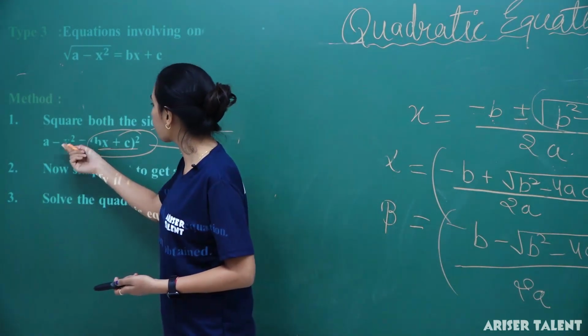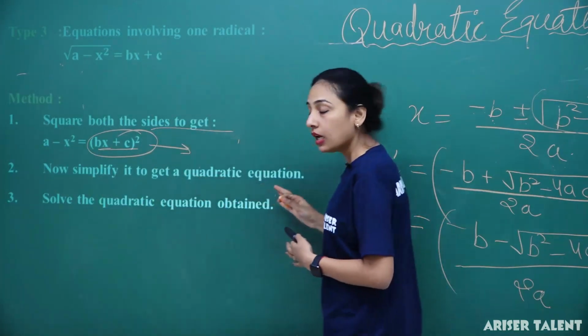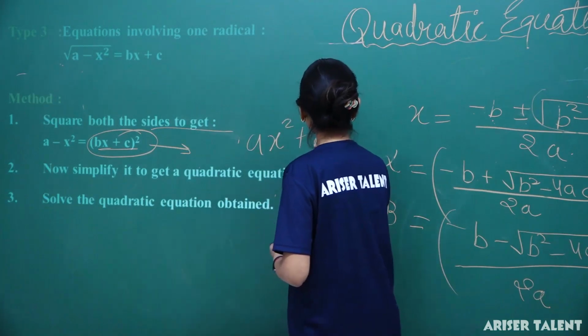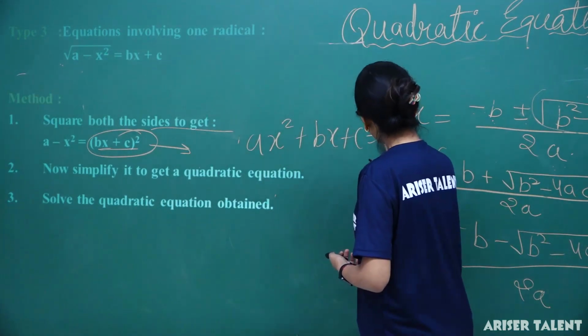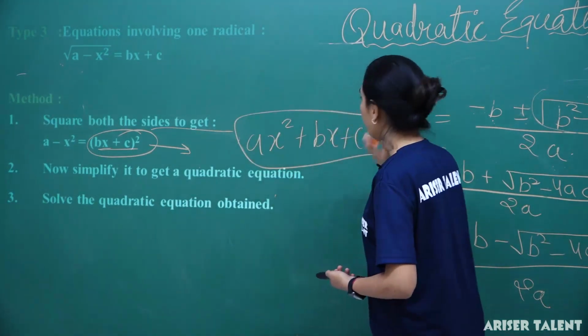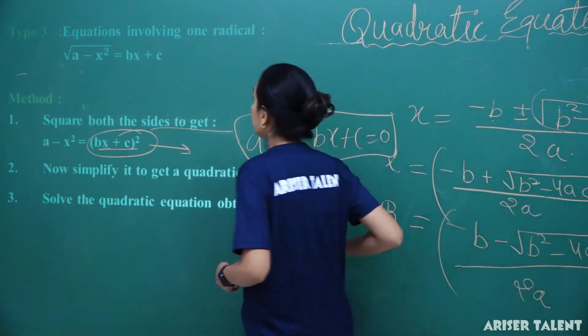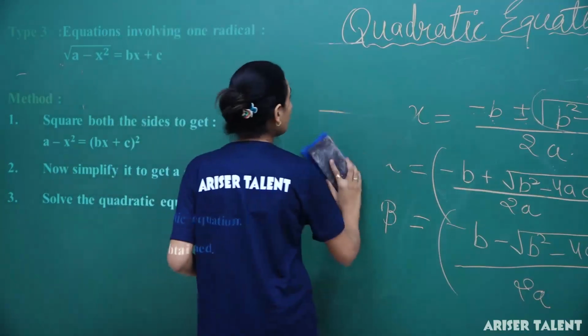Here you are having a square, so at the end of this simplification, you will again get the format ax square plus bx plus c equals 0. And now you know how to deal with such kind of equation. So this is the pattern: the type 1, type 2 and type 3 kinds of equation.